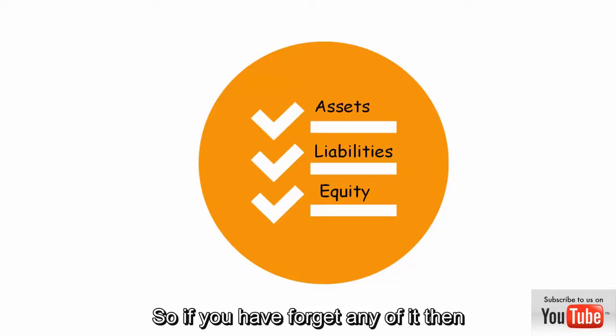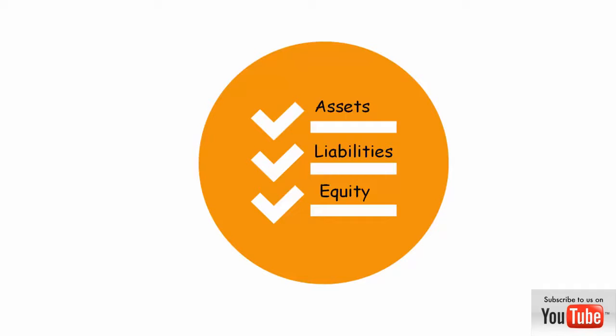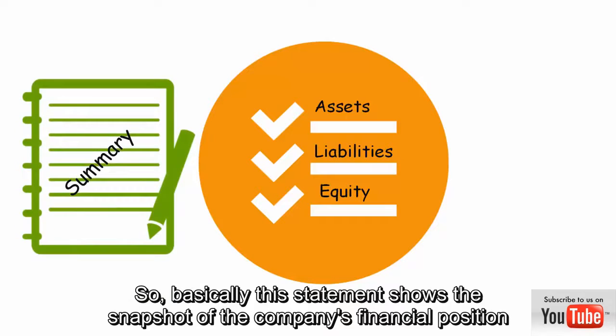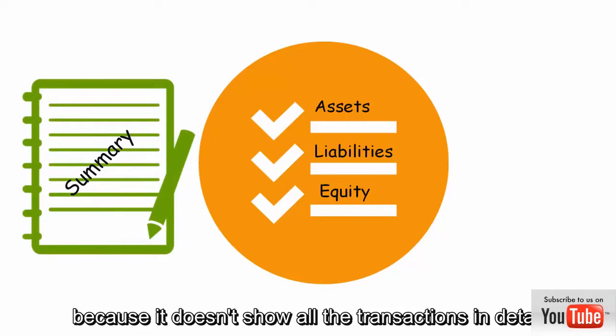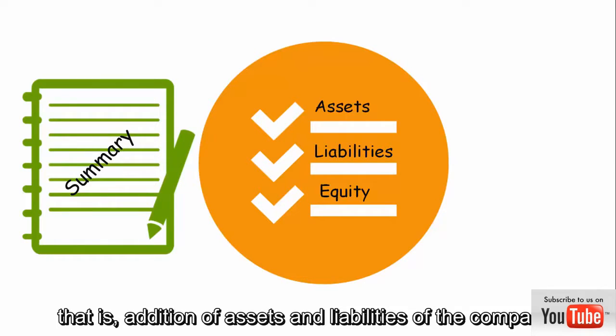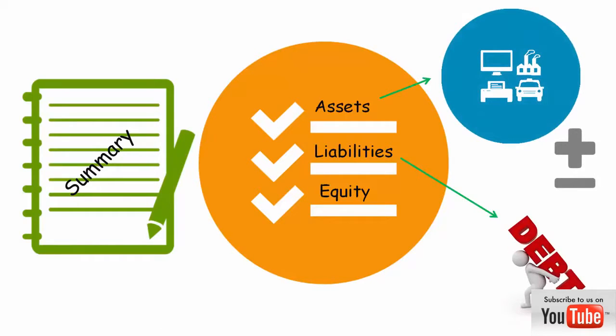So if you have forgotten any of it, then just go to the recap section of the tutorial and that may pretty much help you. So basically, this statement shows the snapshot of the company's financial position because it doesn't show all the transactions in detail, rather it gives an overall snapshot of the changes, that is addition of assets and liabilities of the company.